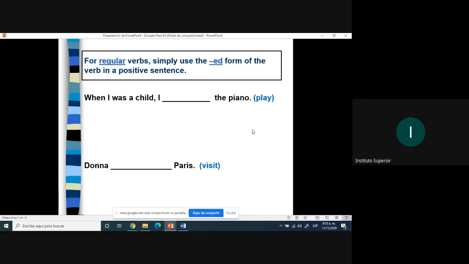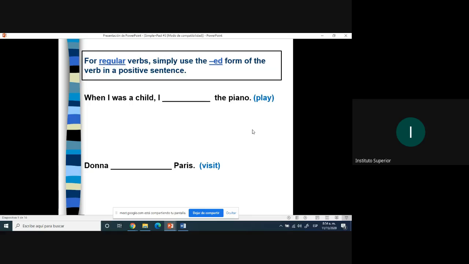We have another one. Someone else to help me out with this one. Very sure. Donna, Paris. This is another example of the ending ed. Someone help me out. Donna visited Paris. So look at the ending of the word. Visited.